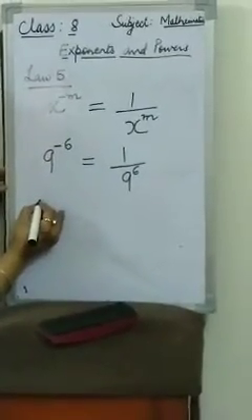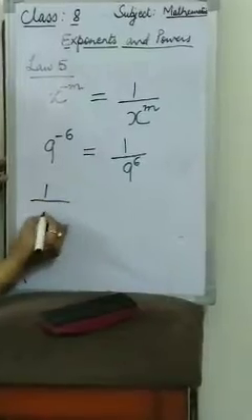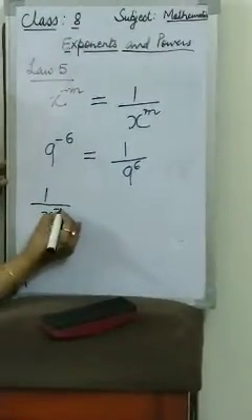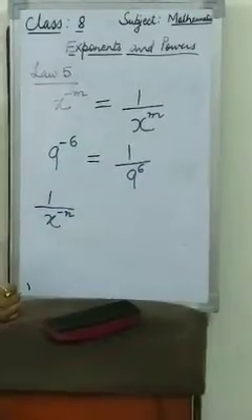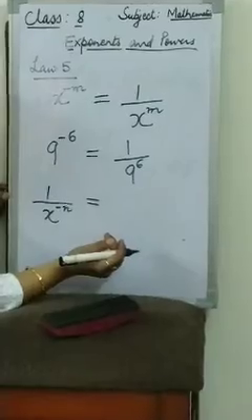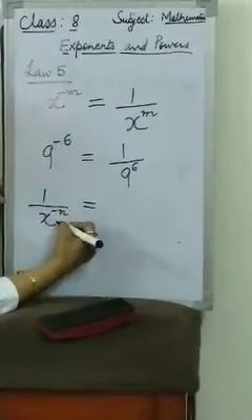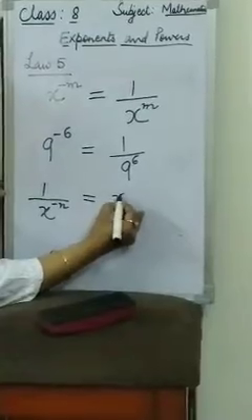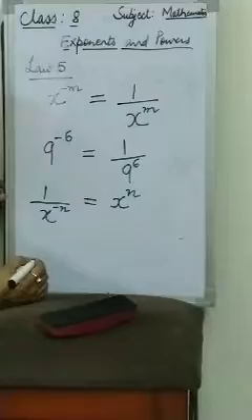If we have any negative index in a fraction, that is 1 by x to the power minus n, and we want to convert it into a positive index, then as I told you, to convert a negative index to a positive index we write the reciprocal of it. The reciprocal of 1 by x is x, and the negative index is converted to positive, that becomes n.